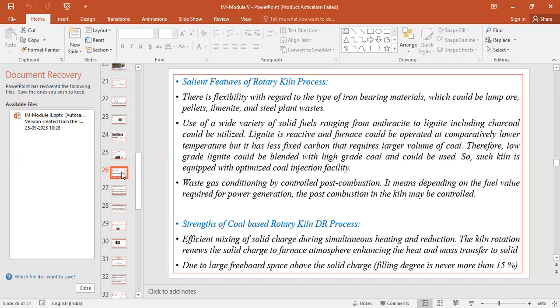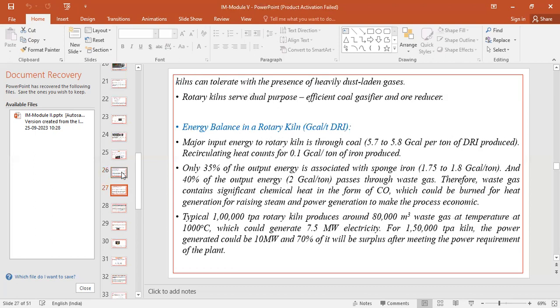So there is a huge empty space, which means there is a larger free board above the solid charge, so that the reduction reactions can take place effectively in the free board space.